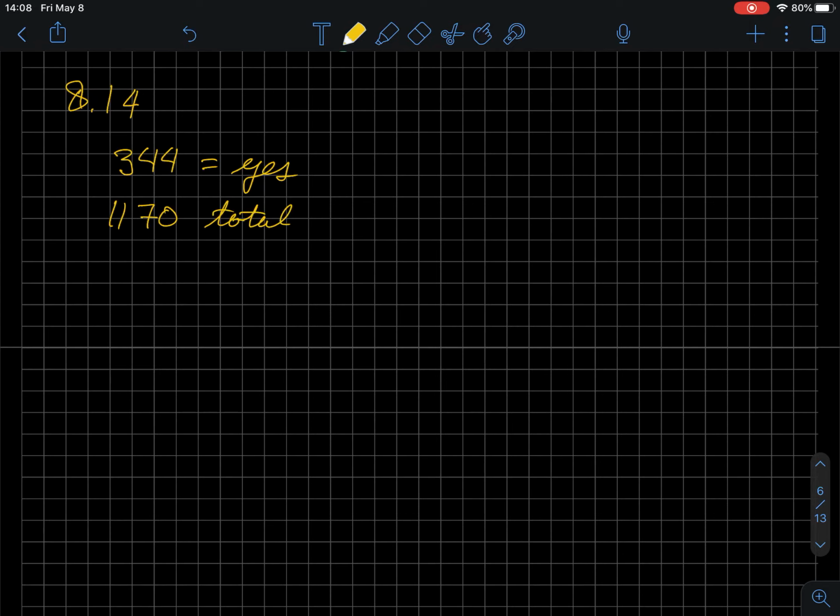Question A is to estimate the population proportion who would answer yes. That's 344 over 1,170, which is equal to 0.294.